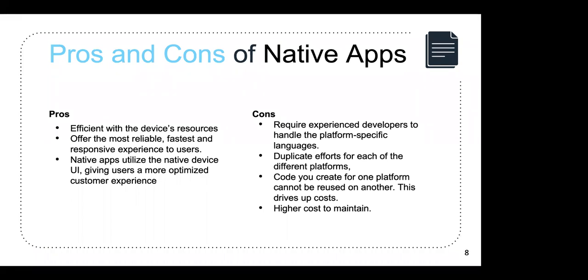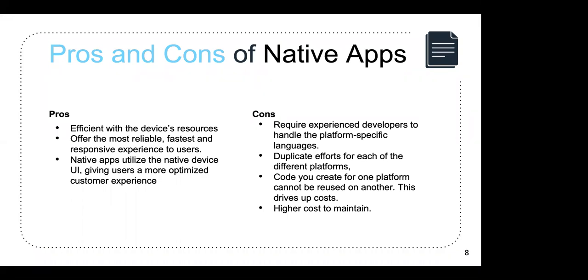When it comes to native applications, it is very costly. We have to write two different source codes, and we need to manage those source codes. So for a single application, we are doing the same thing for two different platforms. That means we are duplicating our effort. So there is a higher cost to maintain those platforms.